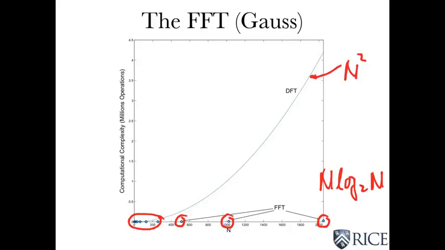And I think you can see that there is a huge gap. Look at how far apart they are, and I want you to look at the vertical scale. That's in millions of operations. It is spectacularly more efficient to use the FFT than just to use the DFT in its raw form.